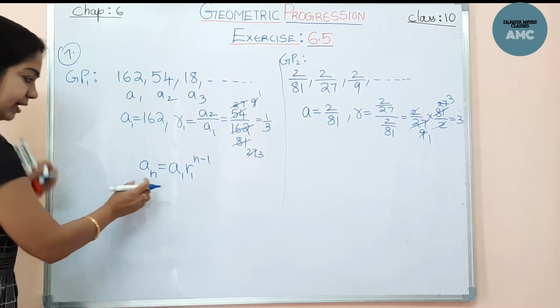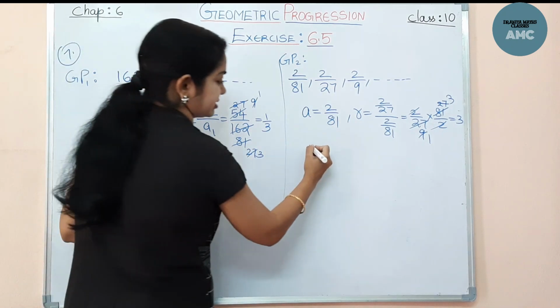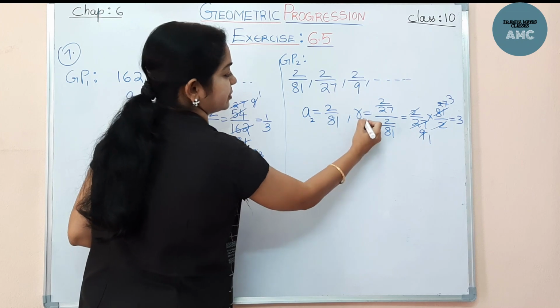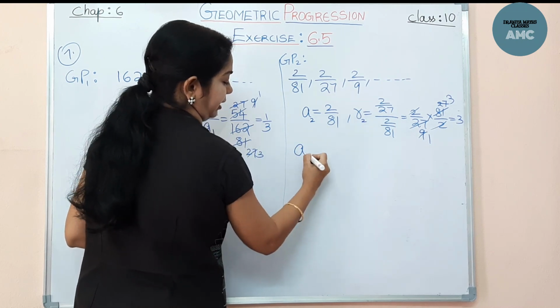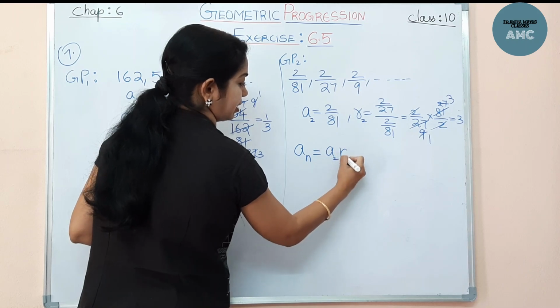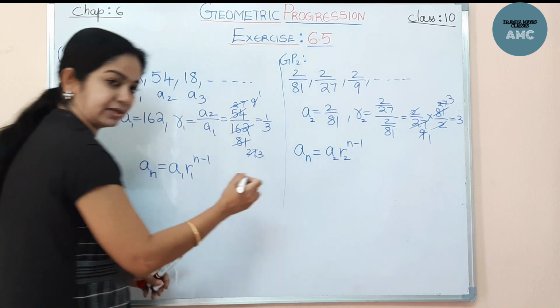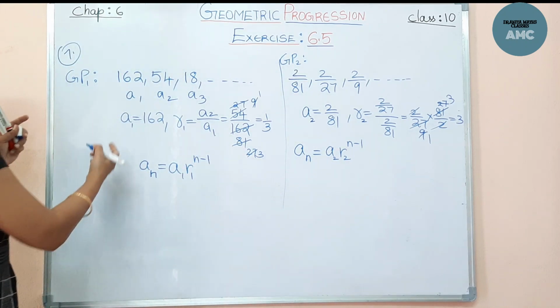Why did I keep 1? This is for the first series, the nth term. And for the second series, this is 2. Let us suppose R2. Now the nth term is equal to A2 R2 to the power n minus 1. This is the second term. Why have I kept 2? That is for GP2, and this is GP1.